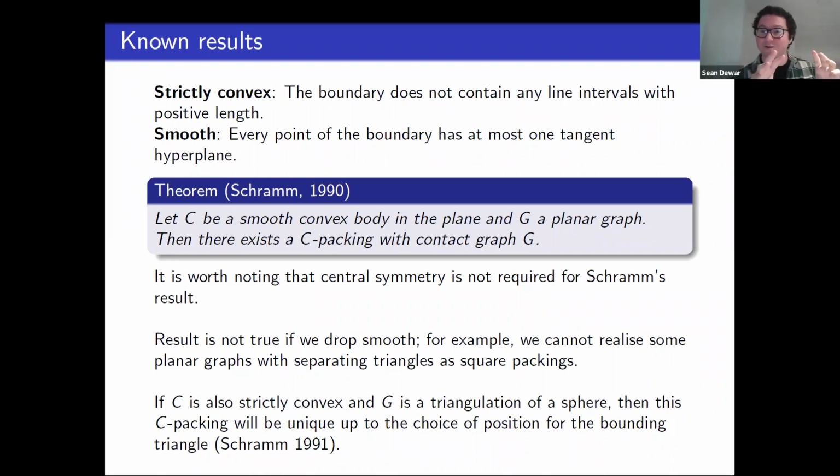When I say unique, I do mean unique up to the choice of your 3 outer convex bodies, because you always have to have 3 on the outside. You can put them wherever, and there'll always be some corresponding C packing with this contact graph, which is kind of like the CAT theorem, but we're avoiding using words like Mobius transform, because it doesn't really mean anything in this sort of language.